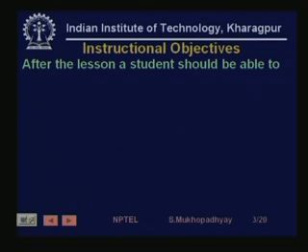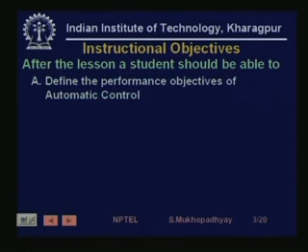As we usually do, let us look at the instructional objectives of this lesson. So after this lesson, one should be able to define the performance objectives of automatic control, what basically automatic control wants to do.